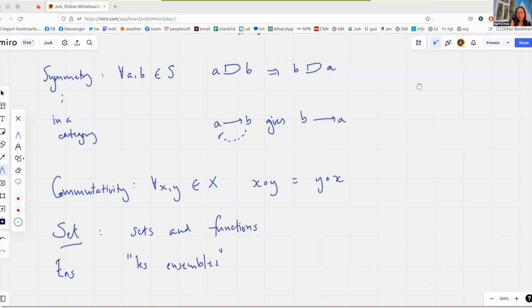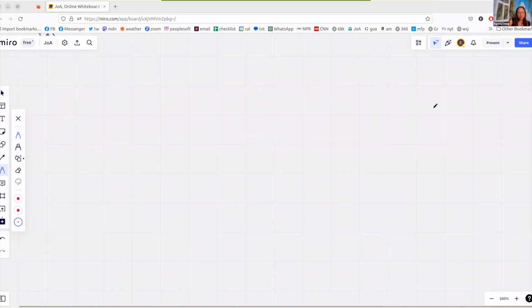one typical example, let me get my screen back again, is the category of spans.